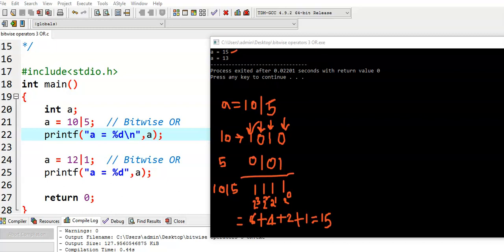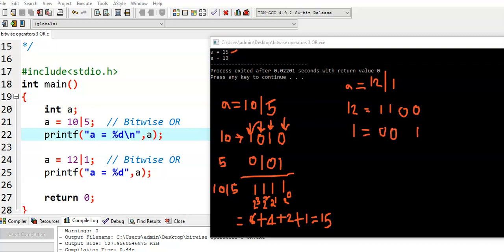Then what would be the second case? A is equal to 12 OR 1. We see how we got 13. The binary value of 12 is 1 1 0 0 and the binary value of 1 is only 1.